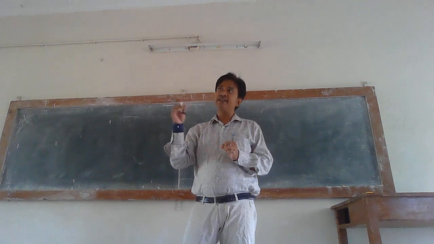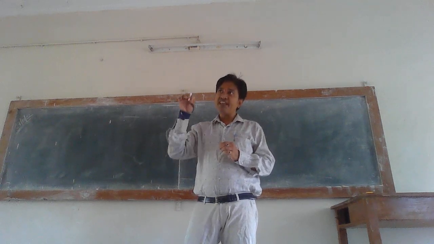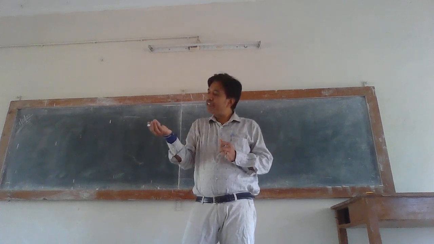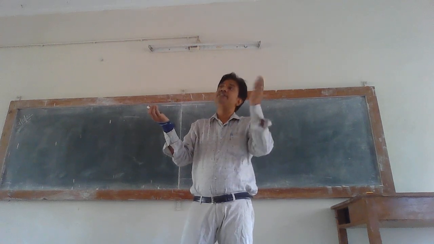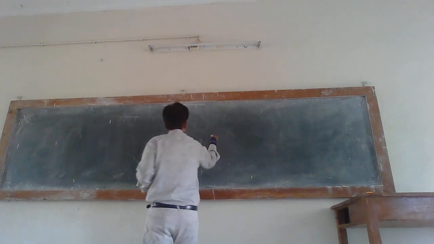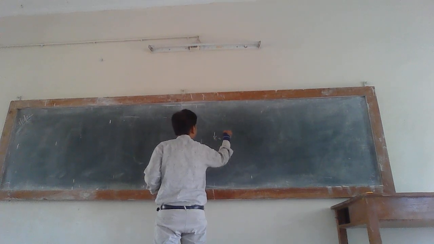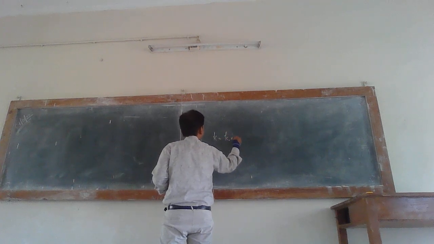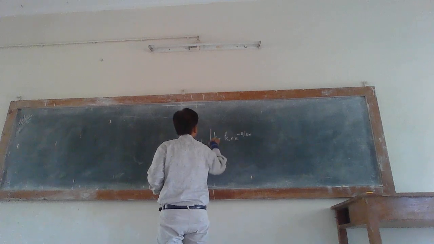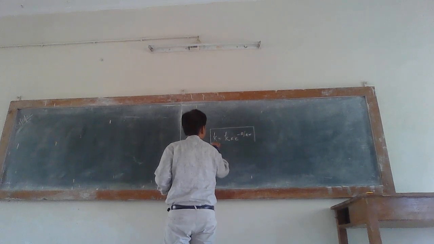If I take any chemical reaction, how is my reaction rate influenced by temperature? If I increase just the temperature, what happens to my reaction rate? That is what Arrhenius has given in his law. He expressed rate constant K as K0 into e power minus E by RT.